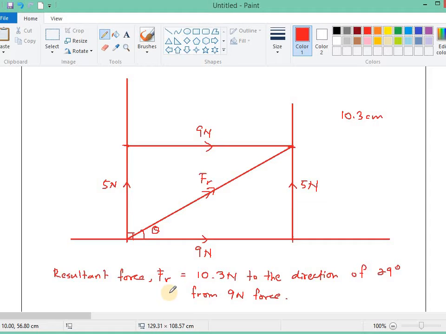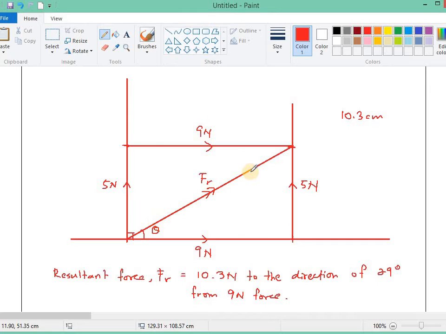So this resultant force, this 10.3 Newton to the direction of 29 degree from the 9 Newton force, is the force that will have the same effect as 5 Newton and 9 Newton acting on the object perpendicularly to each other. So the object will move in this direction.